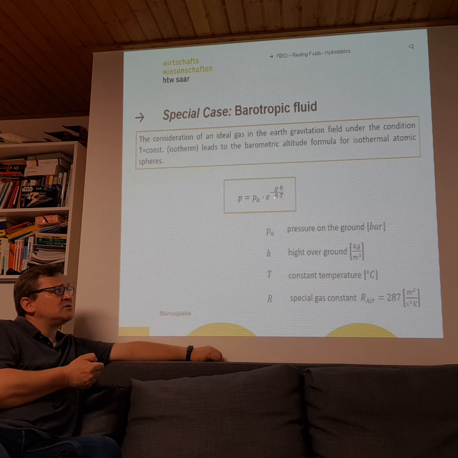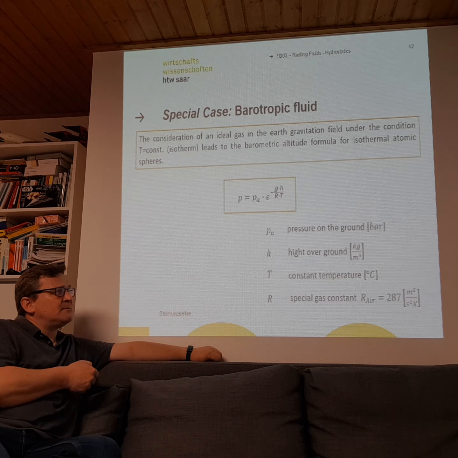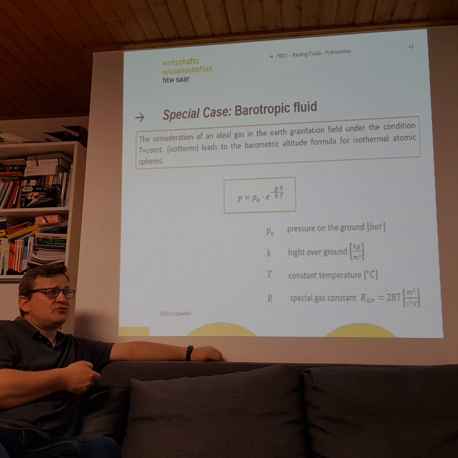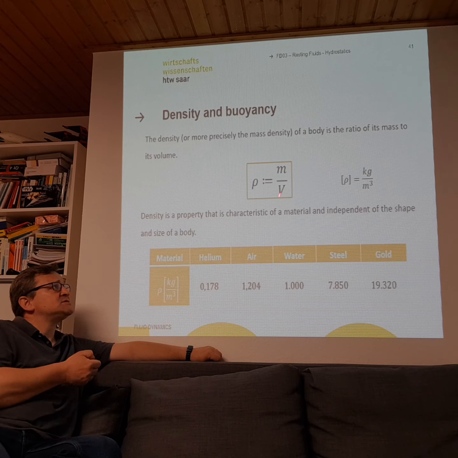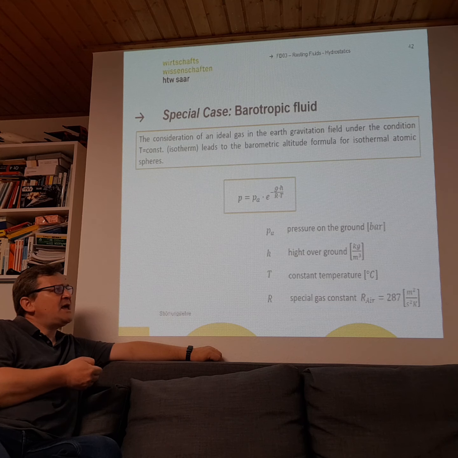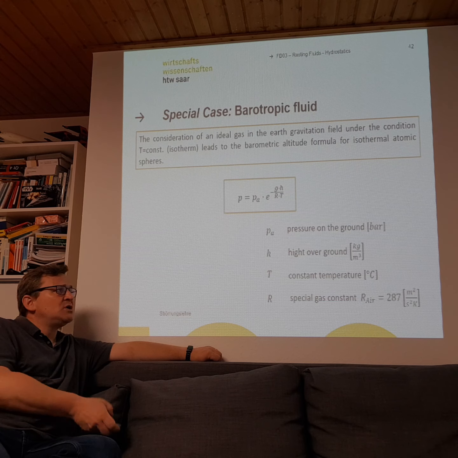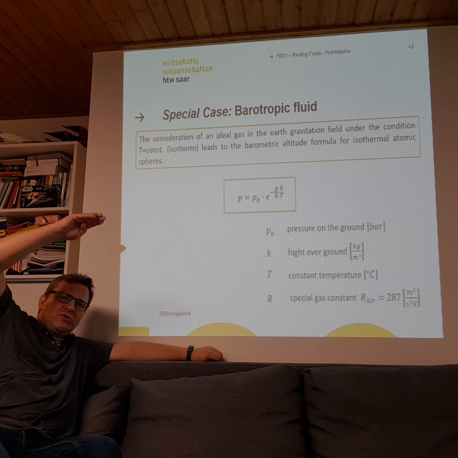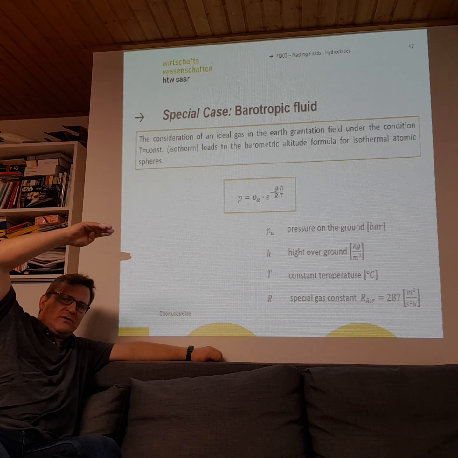Again, we have gravity, gas constant, temperature. Here we have the height over the ground. So it has something to do with this gas law, and it has something to do with the height of the balloon over the ground of the Earth.